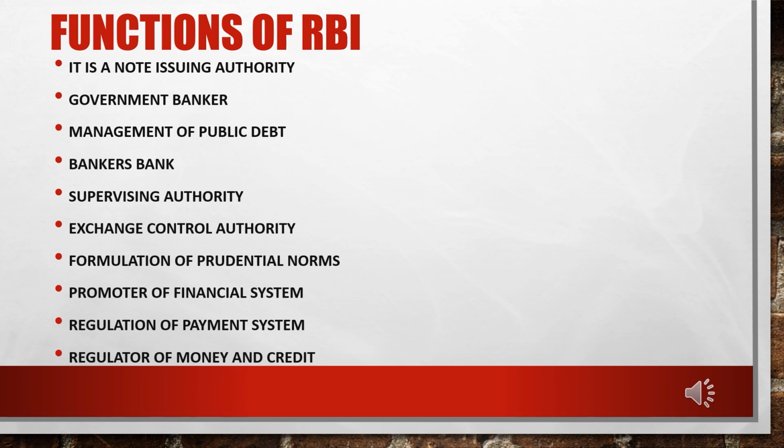Therefore, the Reserve Bank of India opens current accounts for banks with itself, and it enables the banks to maintain cash reserves as well as carry out interbank transactions through these accounts.